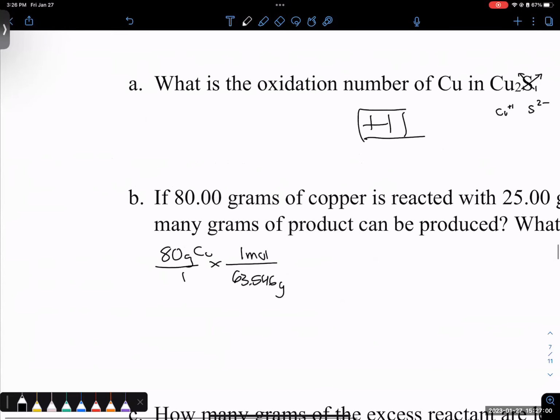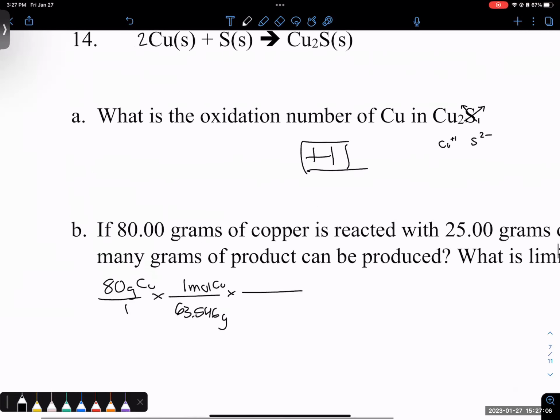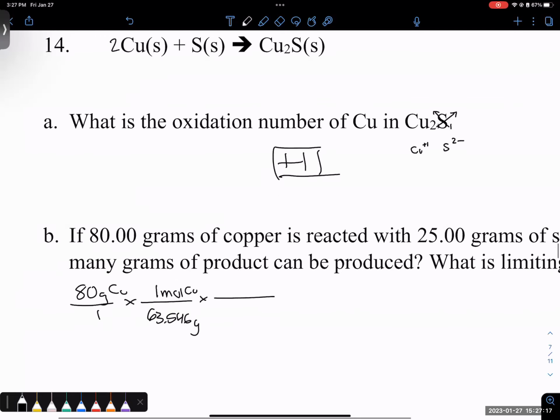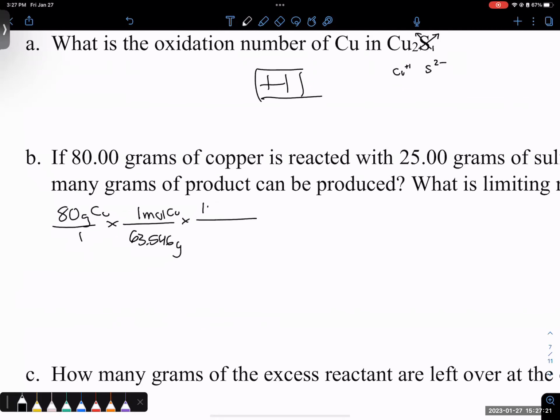Okay, so 1 mole of Cu. What's the next thing I should do here? Molar ratio. Okay, molar ratio. What is the ratio of product to reactant? 2 moles of copper for 1 mole of copper sulfide. So 1 mole of Cu2S gets 2 moles of copper.